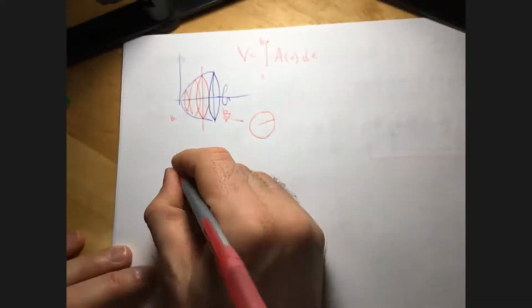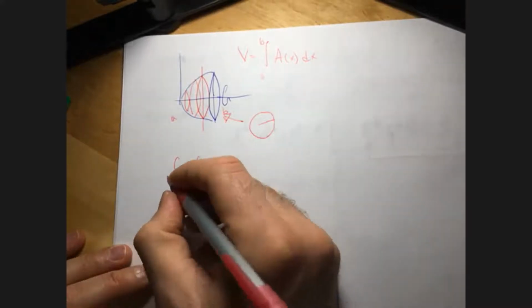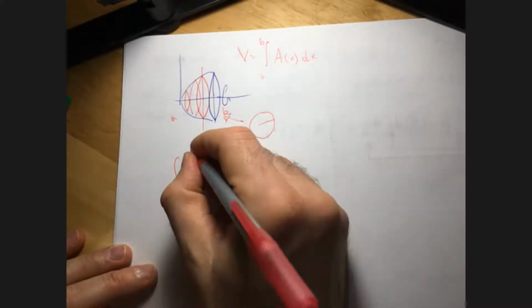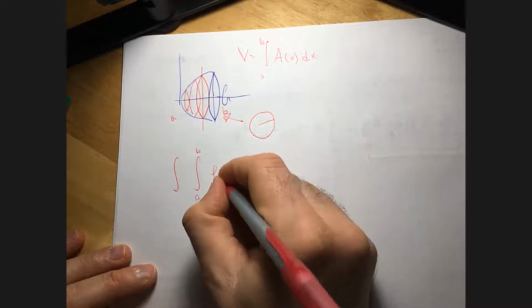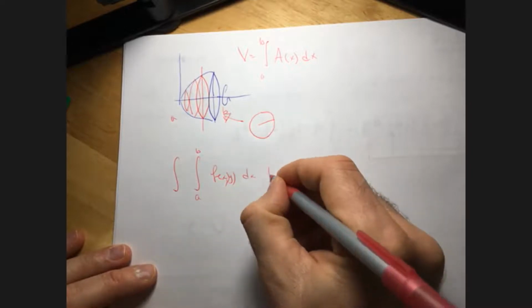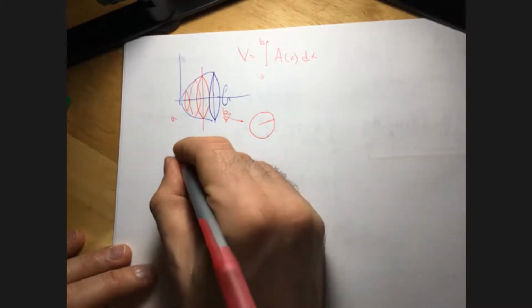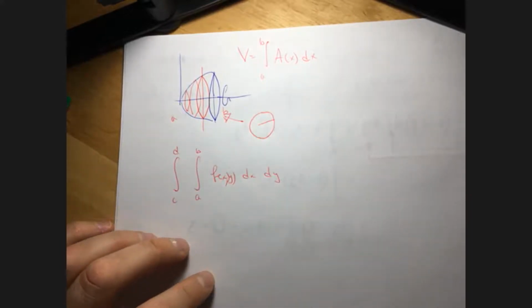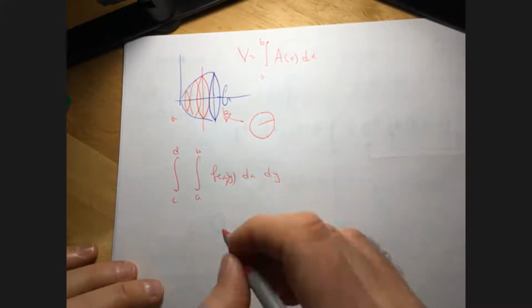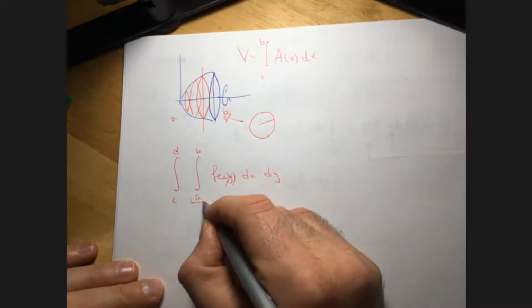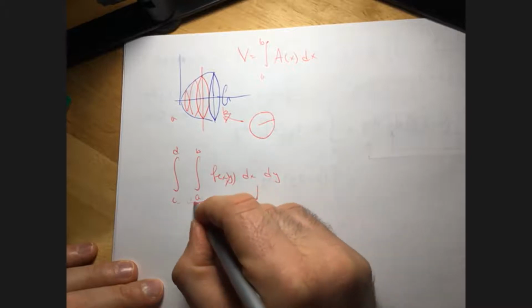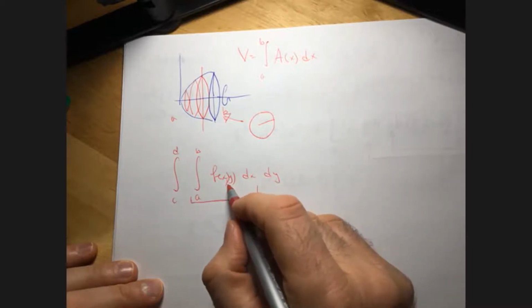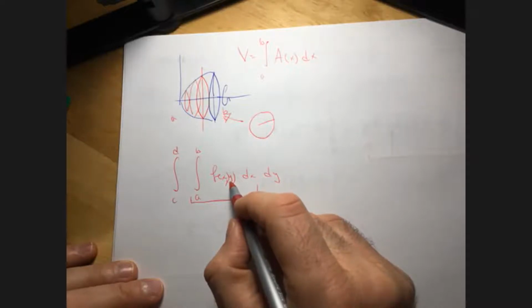Why? Because if you have an integral here, let's say from a to b, dx, f of x, y, sorry, dy, and here you have c to d, to stay in accordance with our first sketch, right? What did we say? When I evaluate the first integral, I treat every term that is defined in y as a constant, okay?